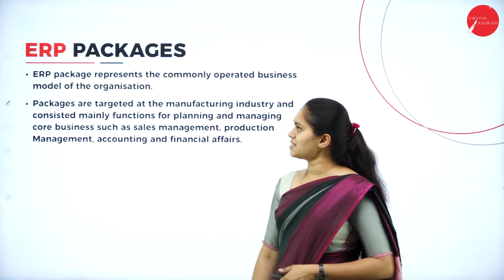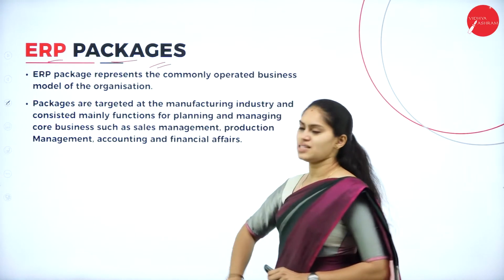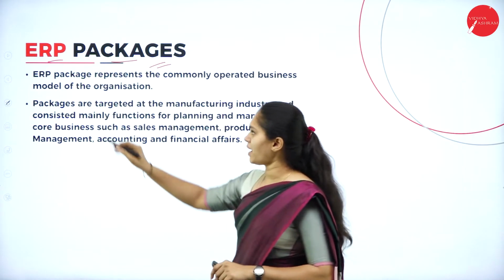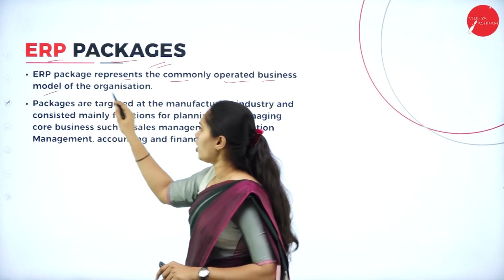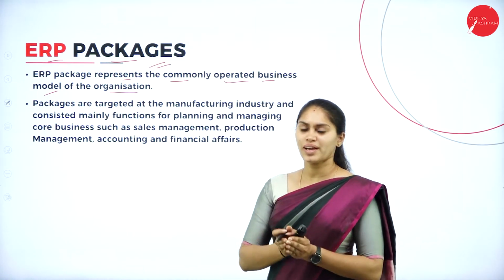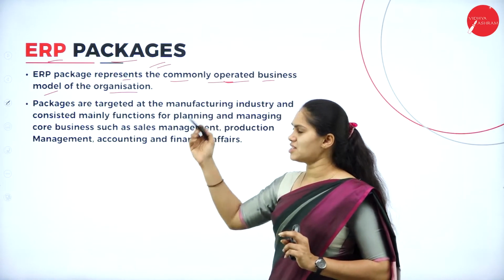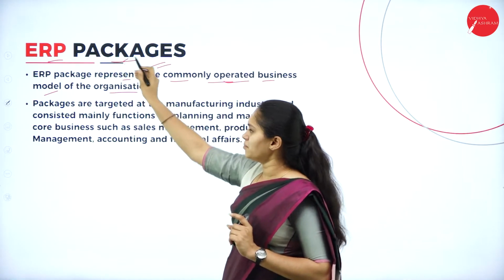planning. We'll see the next one, that is ERP packages. So what are ERP packages all about? An ERP package represents the commonly operated business model of the organizations. Together we are bundling the functionality or commonly operated business model of the organization as the ERP packages.